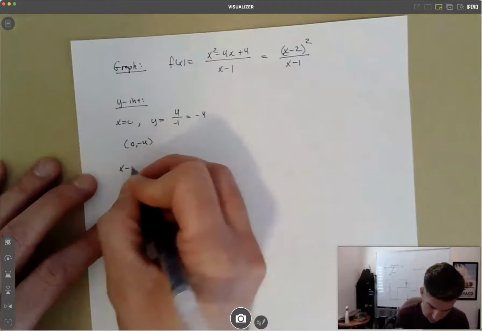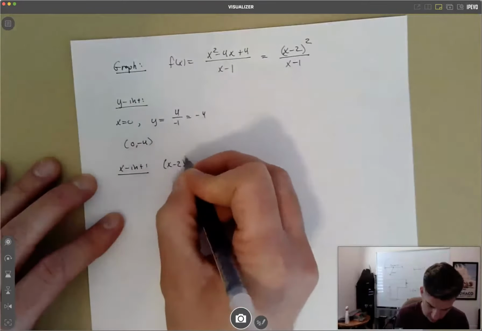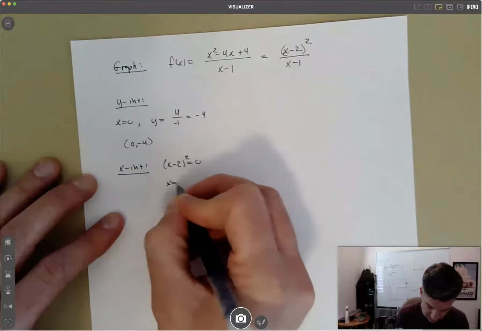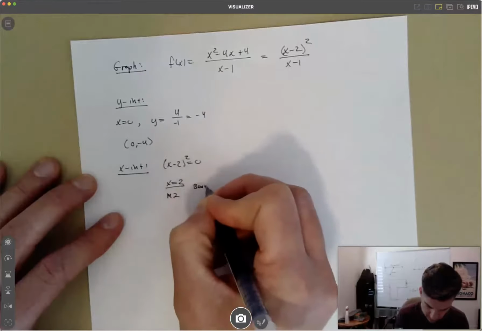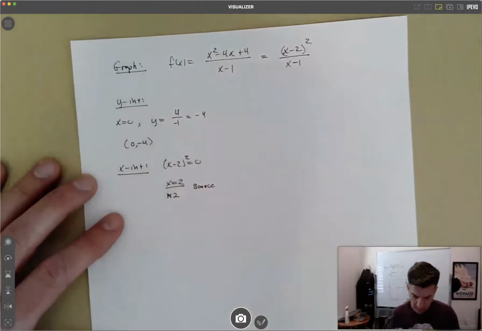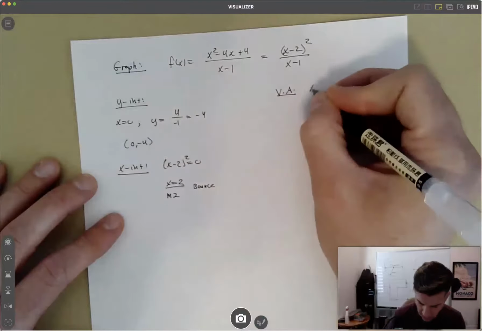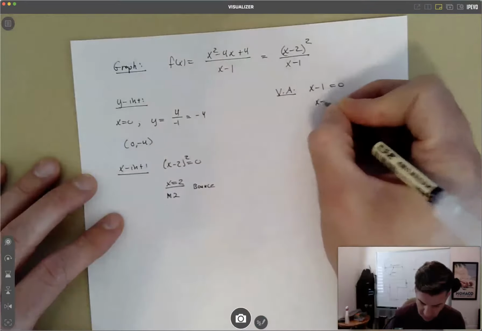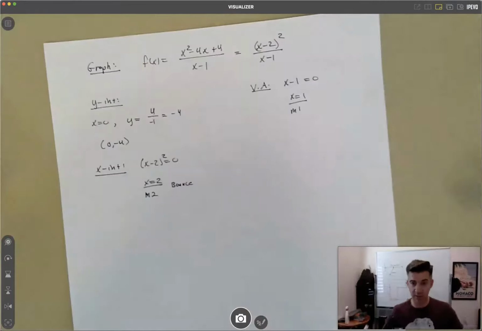X-intercepts, we're going to set the top equal to 0. We're going to get x minus 2 squared equal to 0, which gives me x equal to 2, with a multiplicity of 2, which means we're going to bounce. Vertical asymptote, we're going to set the denominator equal to 0, and we're going to get x equal to 1. It does have an odd multiplicity, which means things are going to do the opposite.